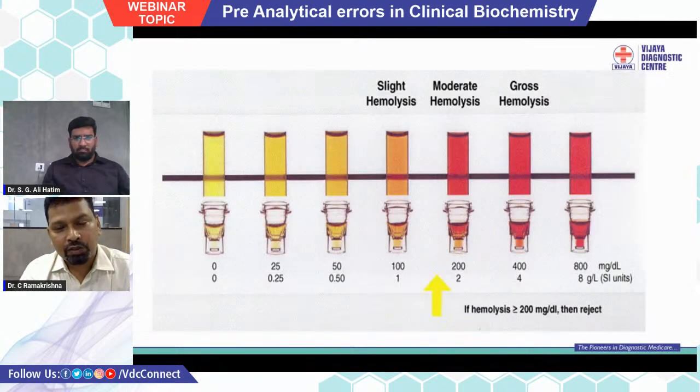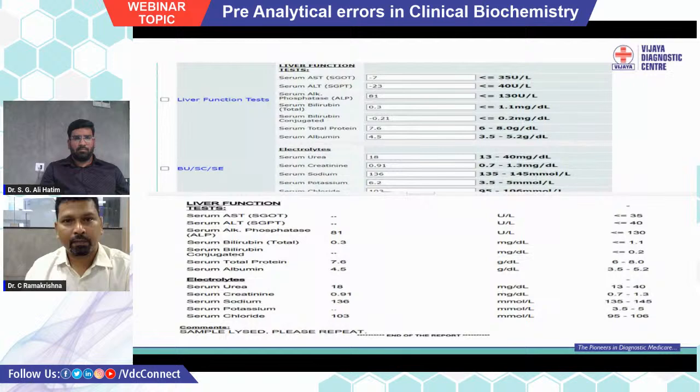This is the picture which shows the degree of hemolysis. If the degree of hemolysis is more than 200, then the sample needs to be rejected. This is a real blood report of a patient. The name is not mentioned.